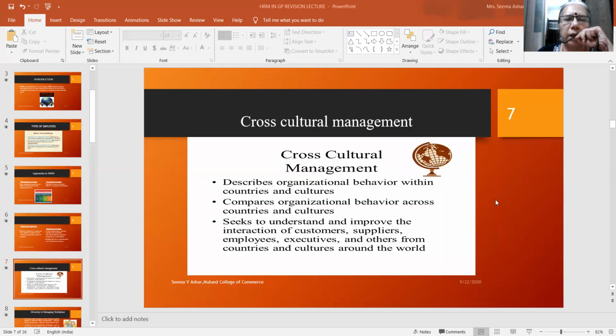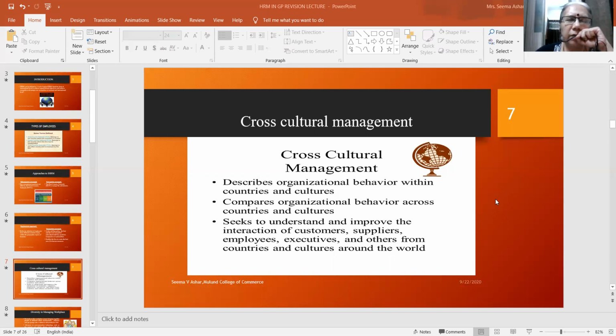Now we come to another term called cross-cultural management. Whenever organizations work on a very large scale, when they expand their business globally, the number of employees who are working with them increases. Not only the number increases, but the different types of employees with whom they are working also increase.